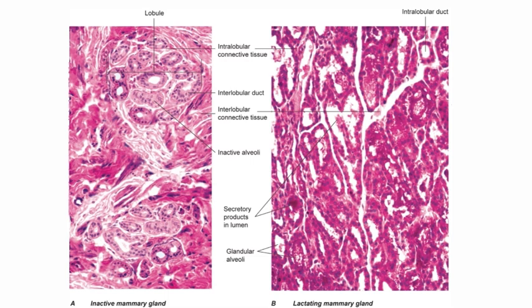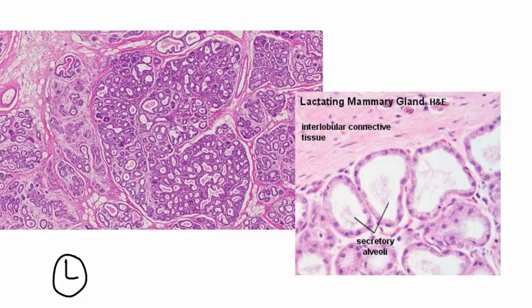And the same thing is depicted in these two slides also. Just remember like this: inactive mammary gland will have a major portion of connective tissue, fibers and so on, while if it is a slide of active or lactating mammary gland, we'll have more of duct-like things, alveoli will be more, and alveoli will be filled with the secretory product.